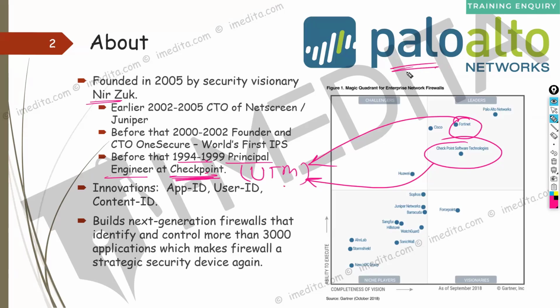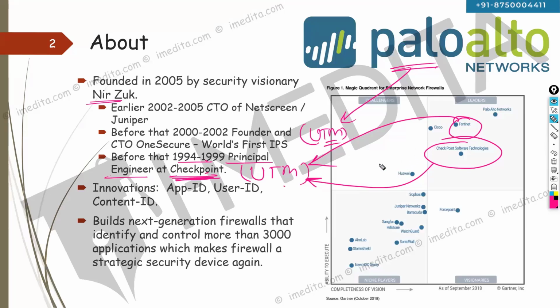Palo Alto. If Palo Alto also sold UTM, it would be hard to beat them because they had the monopoly in that particular product. They had gained the trust of customers. Got it or not? So it is hard to beat them.